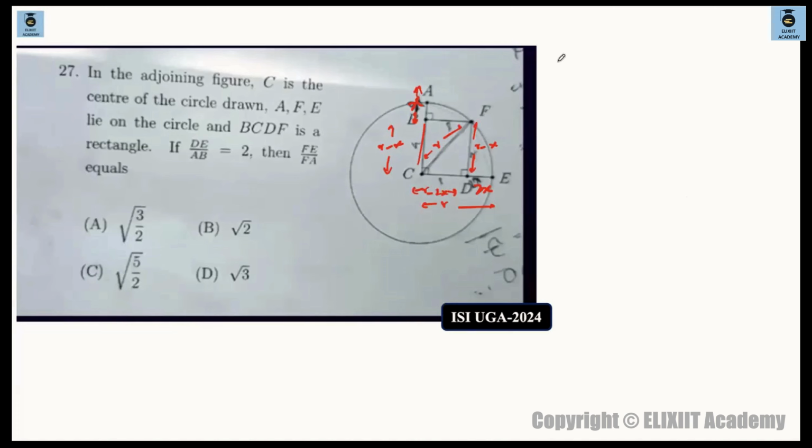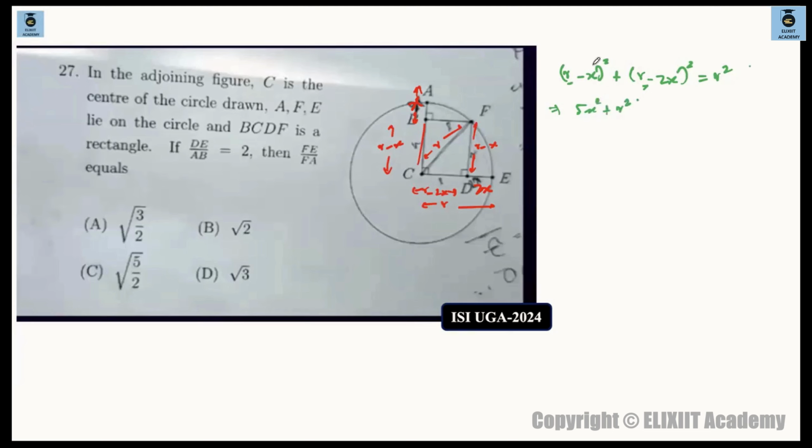So using Pythagoras theorem, we can say (R minus x) whole square plus (R minus 2x) whole square is equal to R square. Simplify from here. What we'll get is R square plus R square, so 2R square, and one more R square from there, so plus R square. So 5x square plus R square.